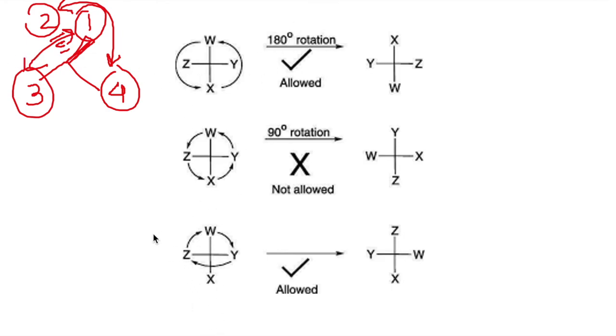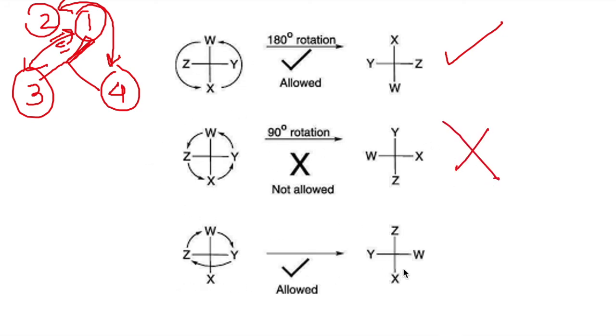So look here, if we swap this group from the top to the bottom, that is allowed. But what is not allowed is to swap the 4 of them, just like this one. If you put Y over W, then that is not allowed.